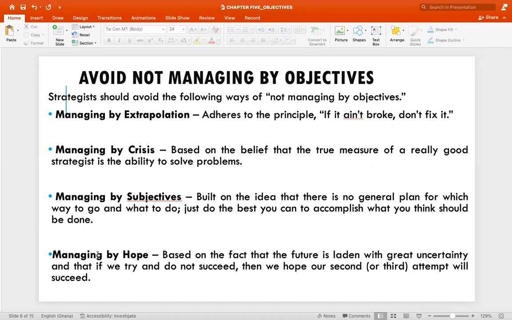Okay, right. Then the last one is managing by hope. Very close to subjectives, based on the fact that the future is laden with great uncertainty, and that if we try and do not succeed, then we hope our second or third attempt will succeed. So managing by hope is just doing the best you can, hoping that one day or in a particular year, you may be successful.